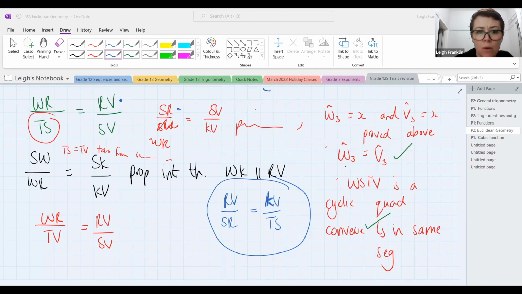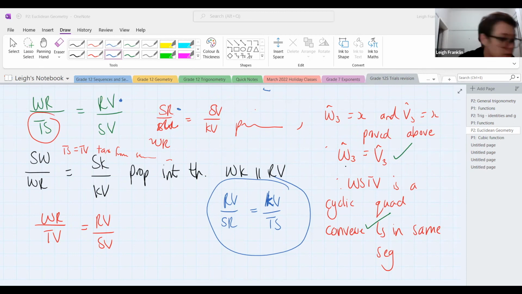So what have we not tried? Let's try, if we cross multiply, what happens? So we've got WR times SV equals RV times TS. Then from proportionality intercept theorem, looking at this triangle, we've got WR over SR equals KV over SV. We could also cross multiply.